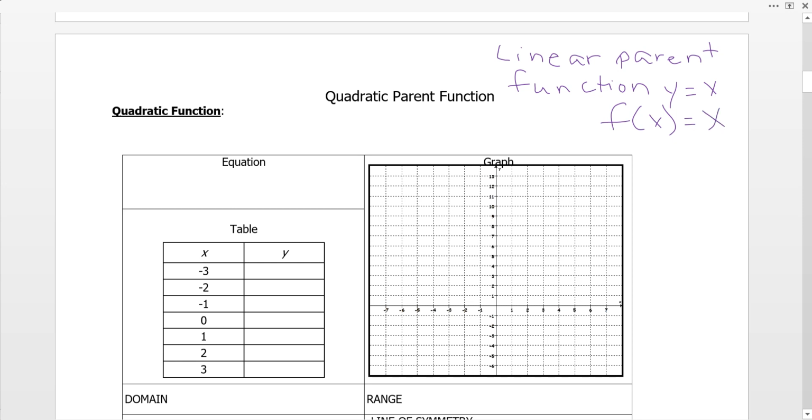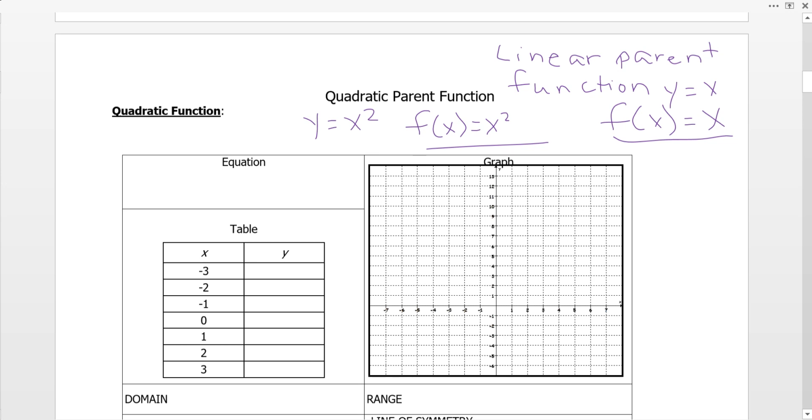So if we have a quadratic parent function, because quadratic has the square, the parent function is y equals x squared, or f of x equals x squared. So it kind of looks the same. Linear has just a single x, quadratic has an x squared.